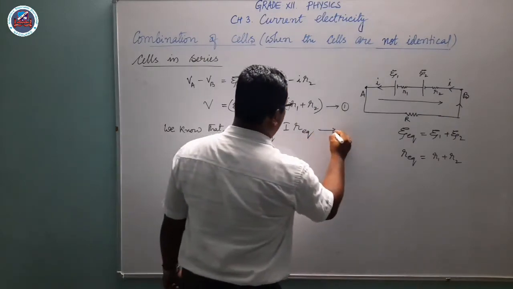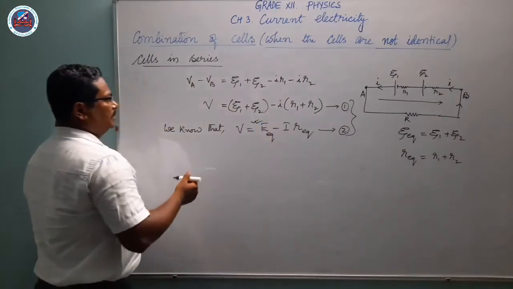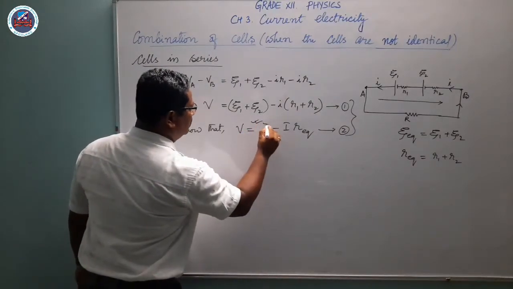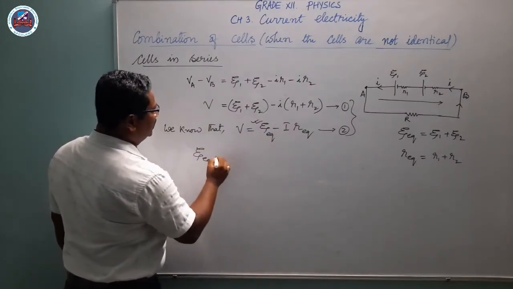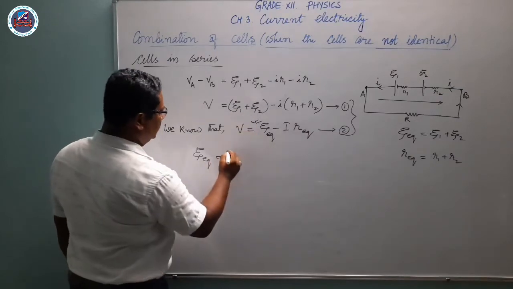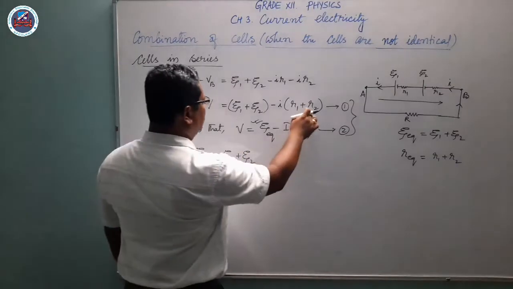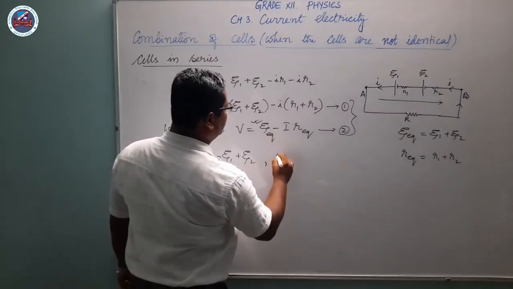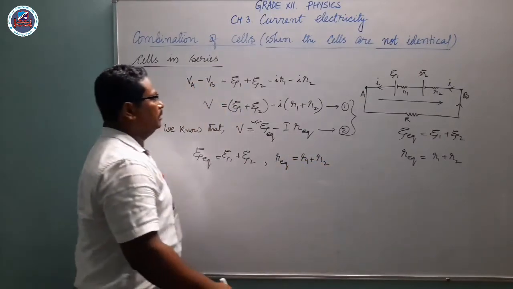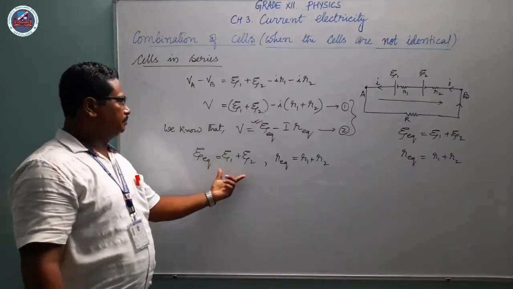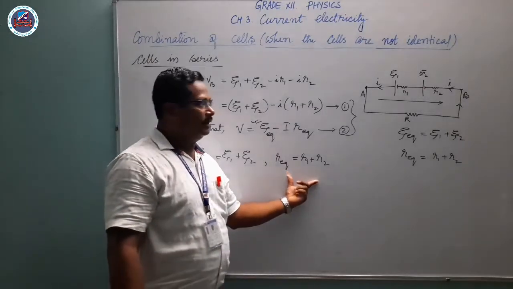Then if you compare these two equations, you get the equivalent EMF, epsilon equivalent, as epsilon1 plus epsilon2. And R equivalent, you will get it as R1 plus R2. Like this, you can get the equivalent values of EMF and equivalent values of resistance.